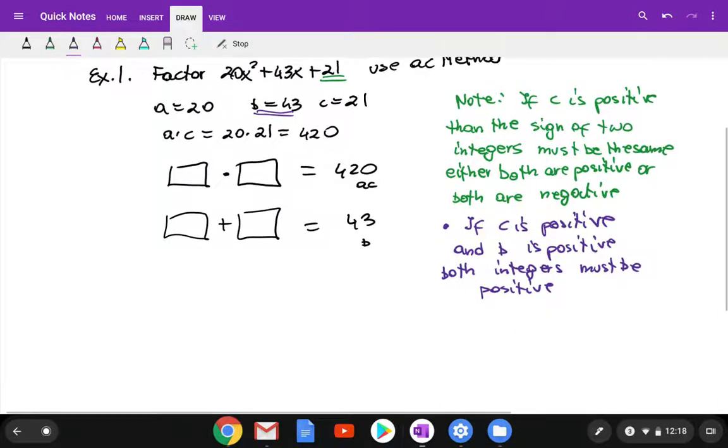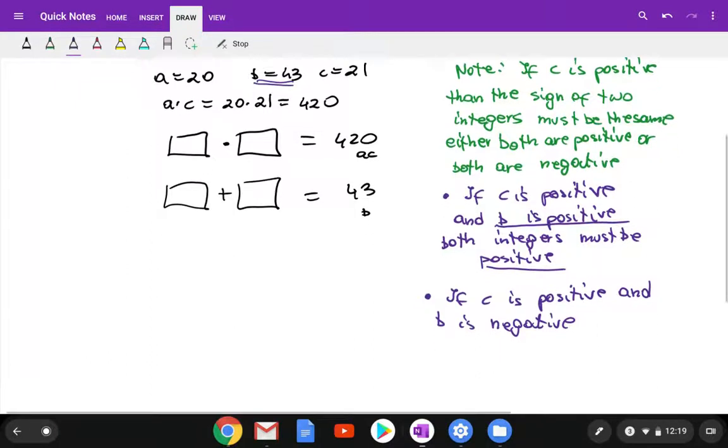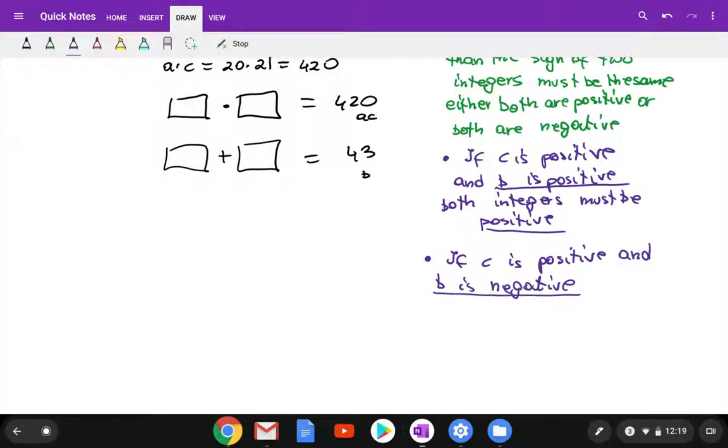And let's just add one more. If C is positive and coefficient B is negative, so here B was positive, so both integers must be positive. Here the coefficient B, it's negative, then both integers must be negative.